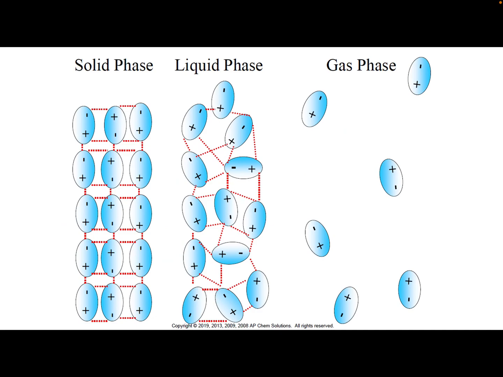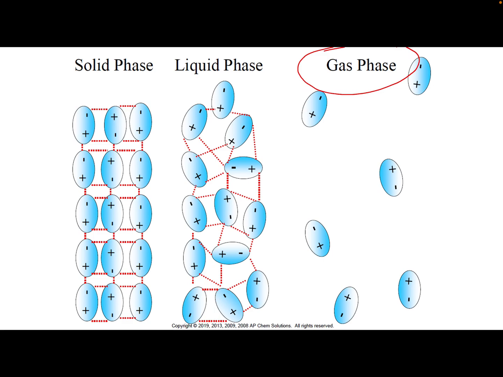Here, you have a diagram of the solid phase, the liquid phase, and the gas phase. So what I want you to notice here, notice the dashed lines. Remember, what do those represent? Yes, that's right, the intermolecular forces. So, what do you notice missing from the gas phase?